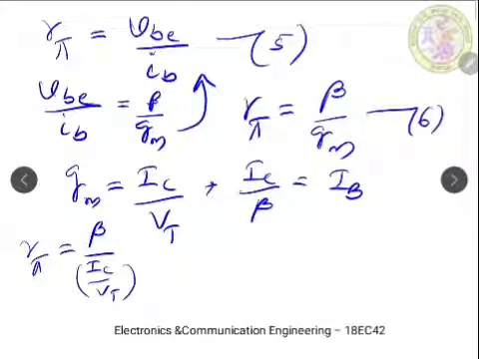Now in this equation again we substitute for IC. IC is nothing but beta into IB. By substituting the IC value also, we get r pi as VT by IB.